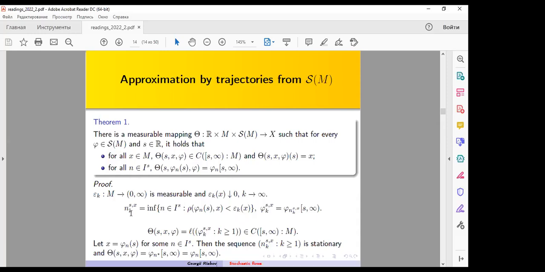Then N(s,x,k) is some increasing sequence of integers, and I take these approximating trajectories after time s. Substitute this into our mapping L, and this is theta. The sequence of approximations is relatively compact by our assumptions.